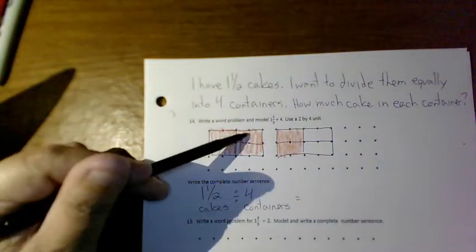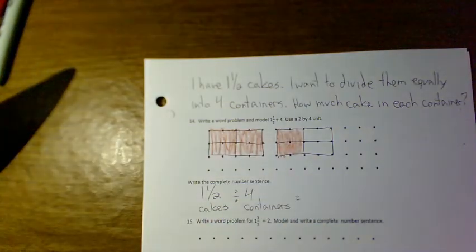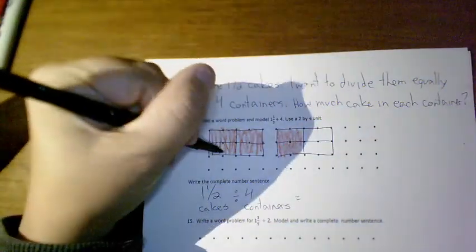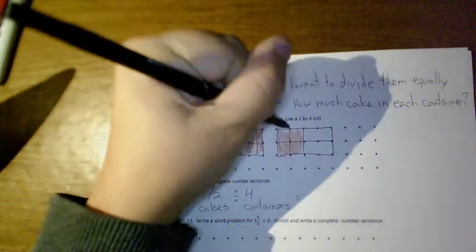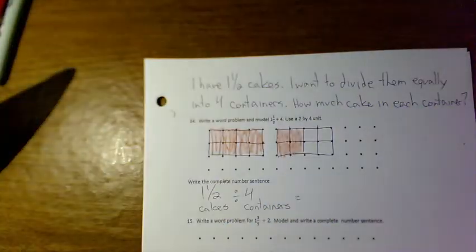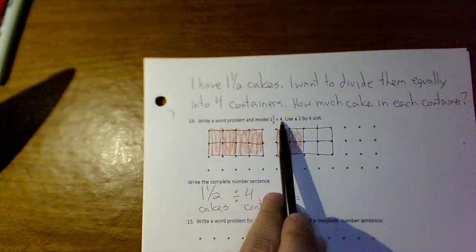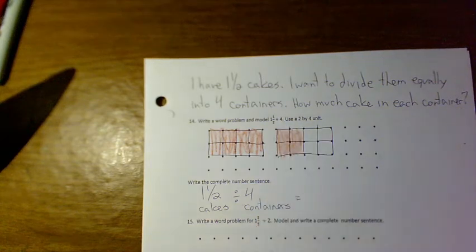We have 1, 2, 3, 4, 5, 6 slices, but we have 4 containers. So let's try slicing again. If we slice them all the way down into little squares, now we have 12 squares to divide up among 4 containers. So 12 divided by 4 would mean you would have 3 per container.